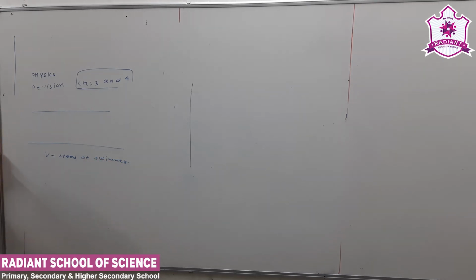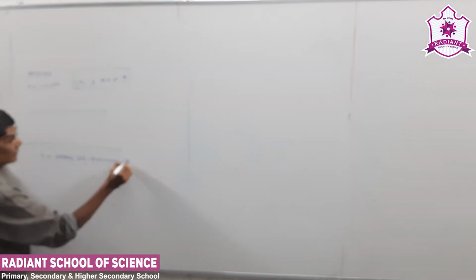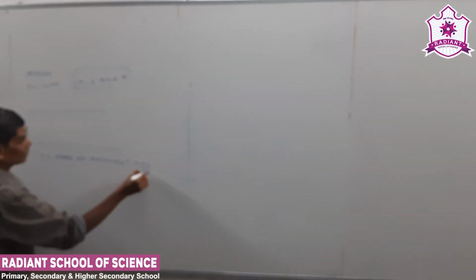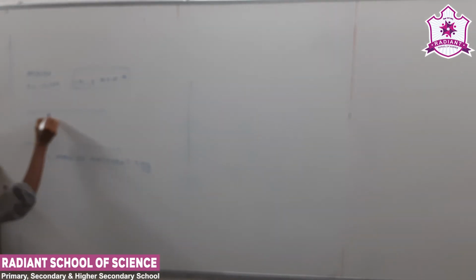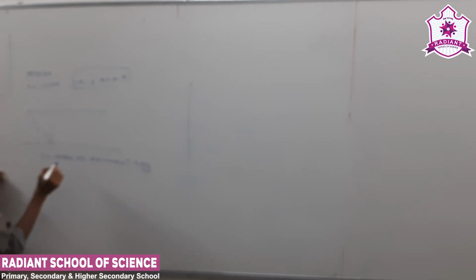Let us say it is given as 4 km per hour. Now it has to cross a river which is 8 kilometers wide.